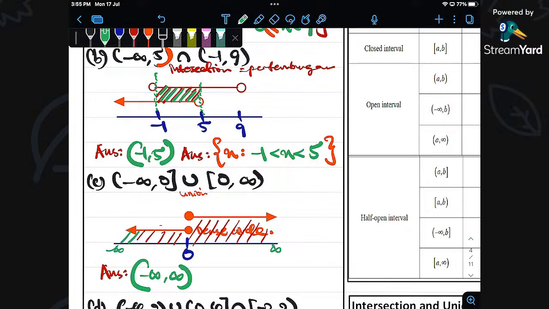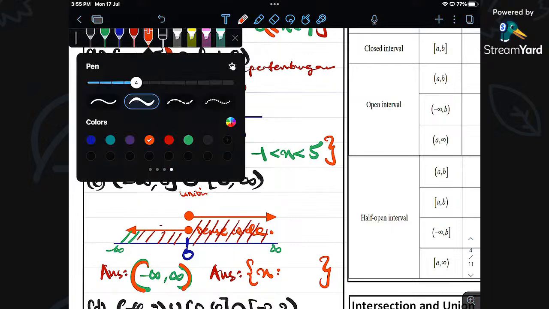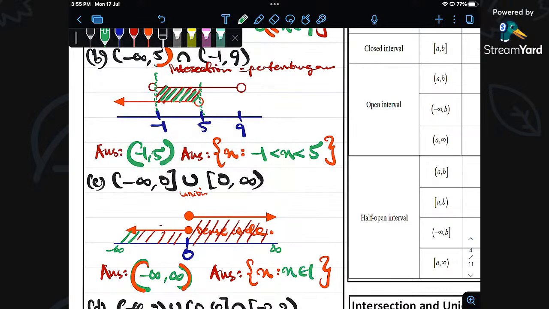Dari hujung ke hujung dan kita tidak tahu dia sampai mana. Therefore, we put open bracket. And then another answer to write it down is actually just real number. Macam biasa, rangka x such that x is real number. That is how we write it down, the answer.